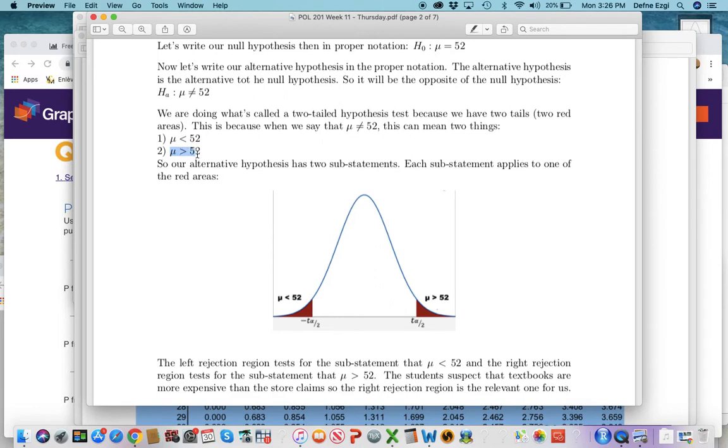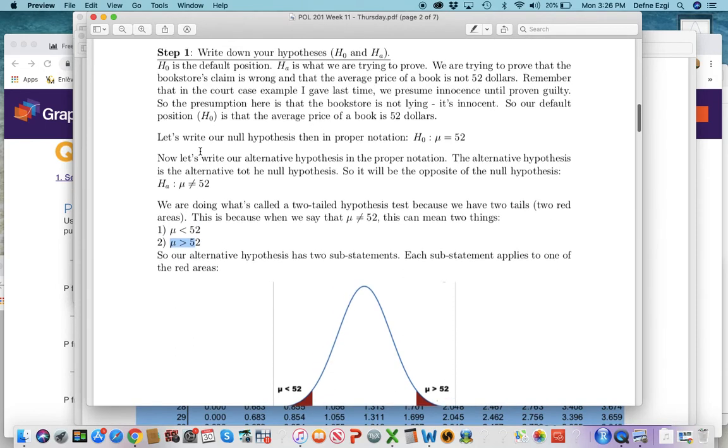And if you have support for the second substatement of the alternative hypothesis, then your sample t-score will be a positive one. So now our sample supports the second substatement.